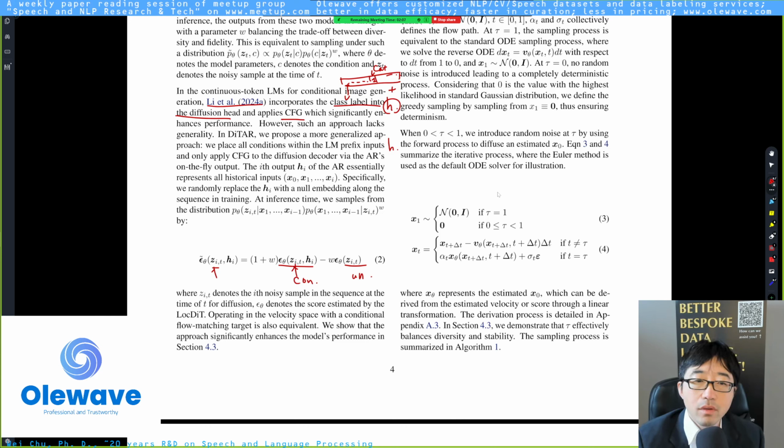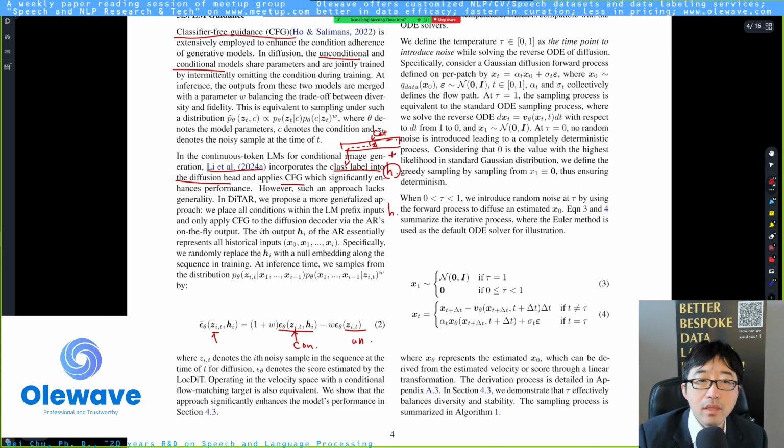When you have omega greater than 0, you want more conditioning, or sorry, you have to have greater weight on the conditional generation. Okay, this is supposed to provide robustness, as reported in this paper.